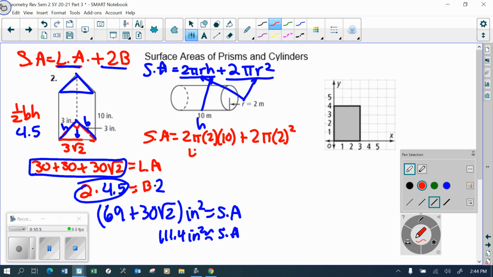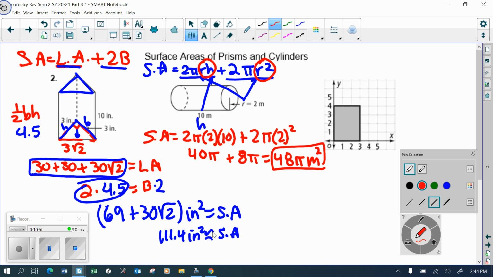So I have 40 pi plus 4 times 2 is 8 pi, and that gives me 48 pi square meters. Again, it's area, so it's square meters. I know it's area because when I look at the formula, that's degree 2, and this is degree 2. So it's degree 2, which is area.